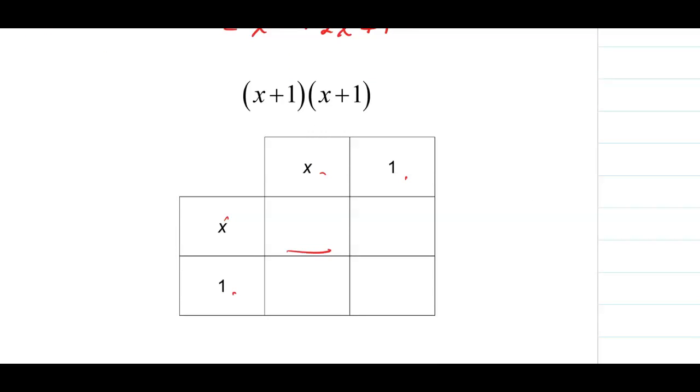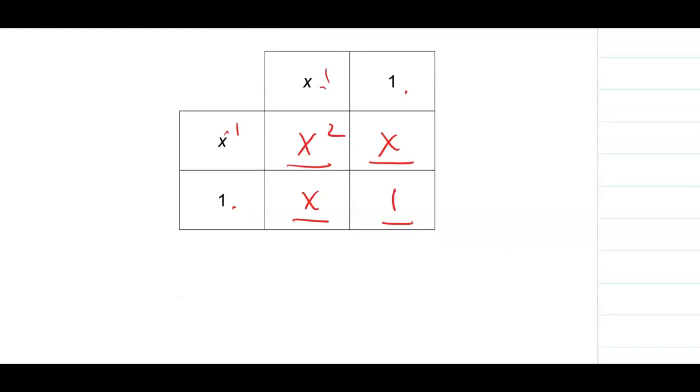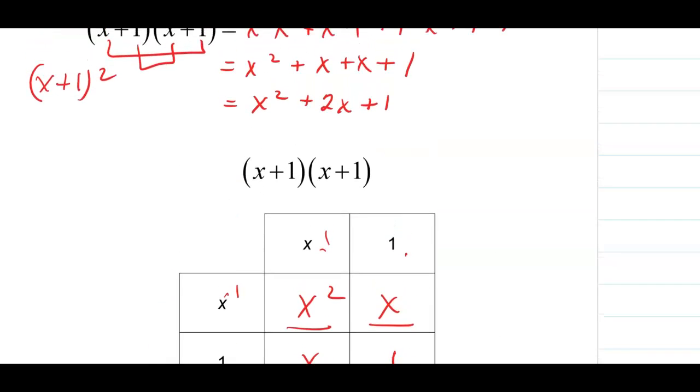And in the first cell we have x times x, it's x squared. This cell it's x times 1, which is x. In this cell it's 1 times x, which is x. And in this cell it's 1 times 1, which is 1. So we see we have x squared plus x plus x plus 1, which is x squared plus 2x plus 1. Same answer as we got above.